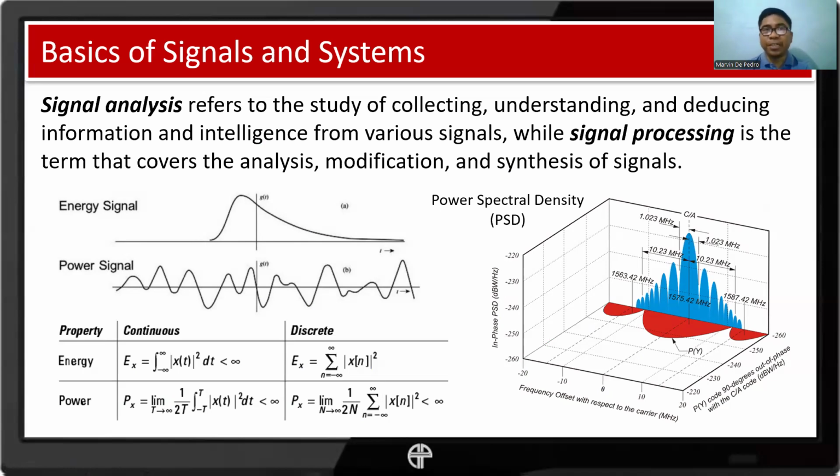We determine whether a signal is an energy type or a power type. We have some mathematical ways to check them. We also check their PSD, or the power spectral density. These are some of the features that we study in what we call feature extraction for machine learning purposes. In the meantime, these are some of the keywords that we have to watch out for.